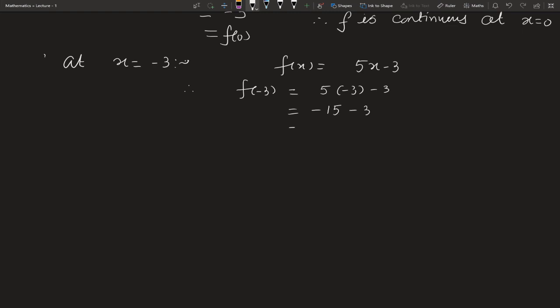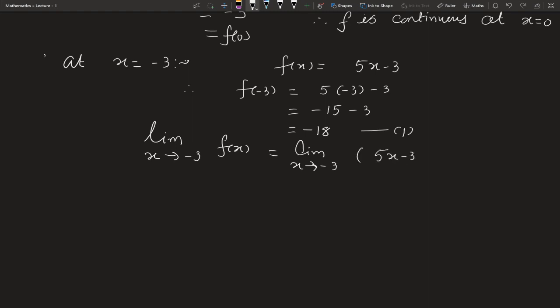So this is minus 18, say result number 1. Now limit x tends to minus 3 of f of x equals limit x tends to minus 3 of the value of the function 5x minus 3.